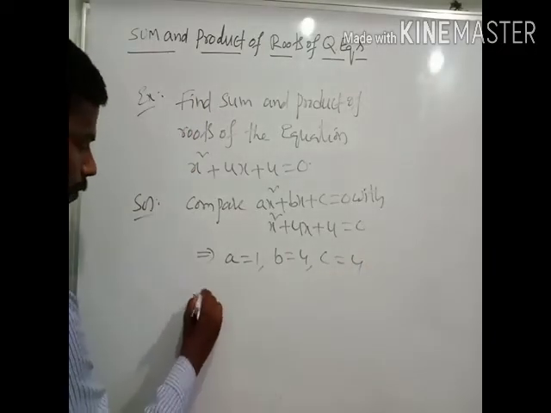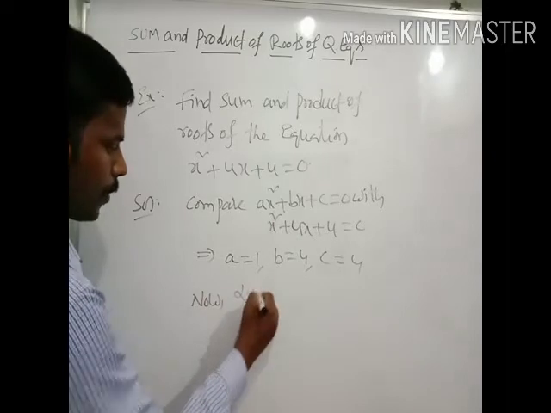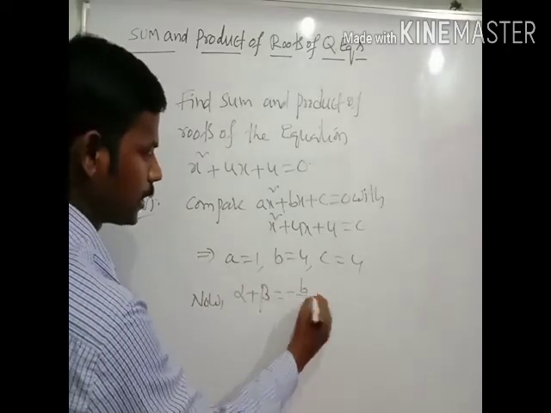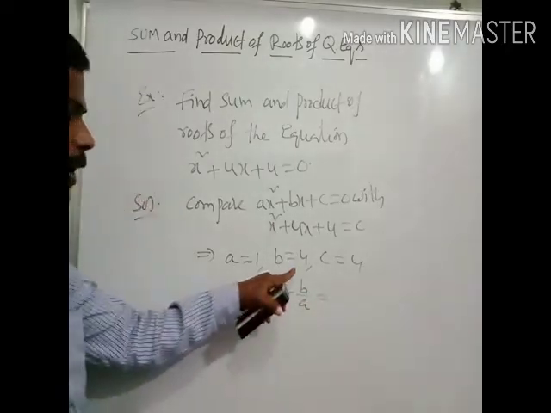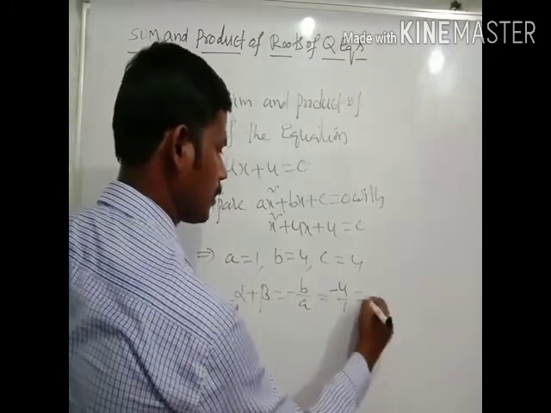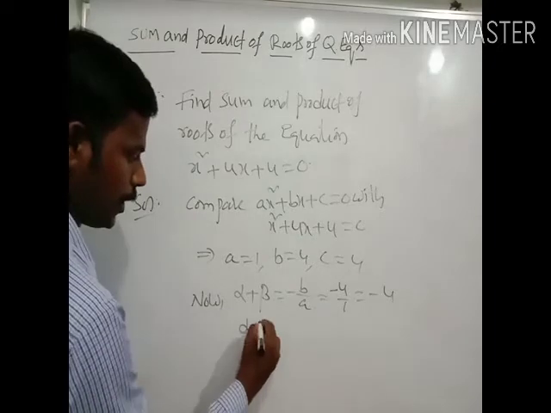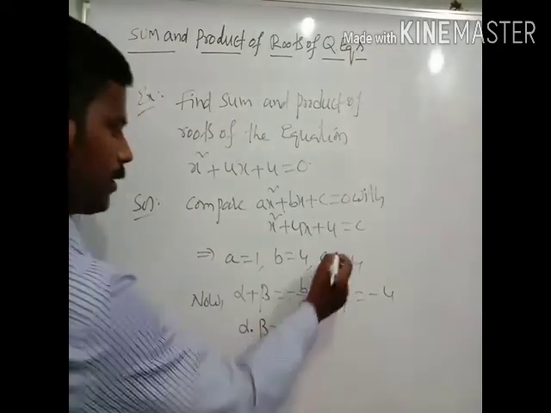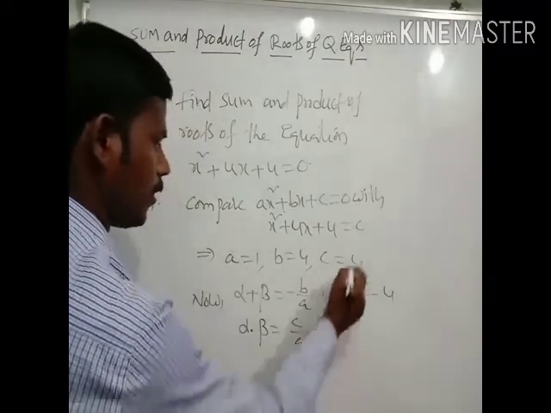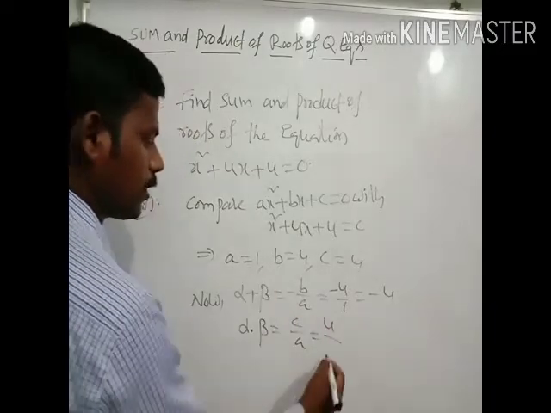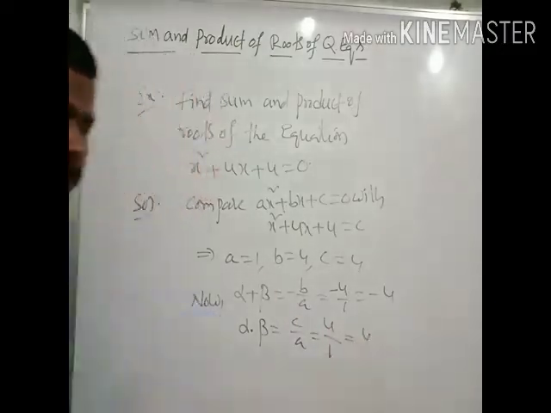Now alpha plus beta, how much children? Minus b by a. Minus 4 by 1, how much? Minus 4. Next, product alpha into beta. C by a. C value what? 4. A value what? 1. 4 by 1, 4.